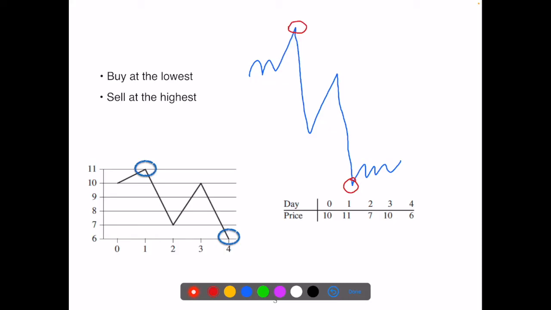Apparently, we cannot buy at the lowest first and sell at the highest. The right timing to buy is here, and then the right timing to sell is here. You may notice that neither the buying nor the selling date is the lowest or the highest. This shows that the maximum profit sometimes comes neither by buying at the lowest price nor by selling at the highest price.